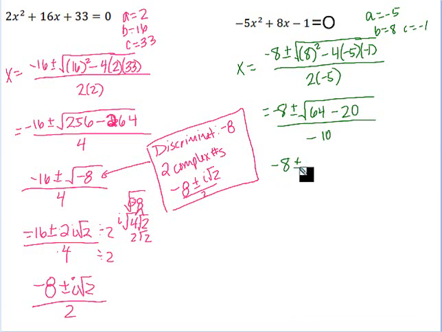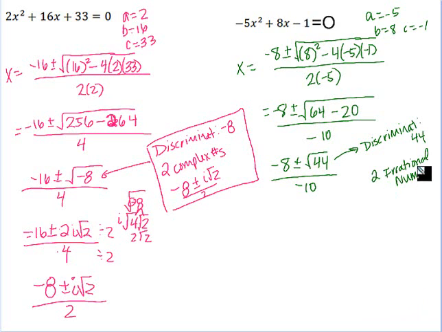So plus or minus the square root of 44 all over negative 10. So there's our discriminant. 44 would give us two irrational numbers. It's two irrational numbers here because we do not know the square root of 44.